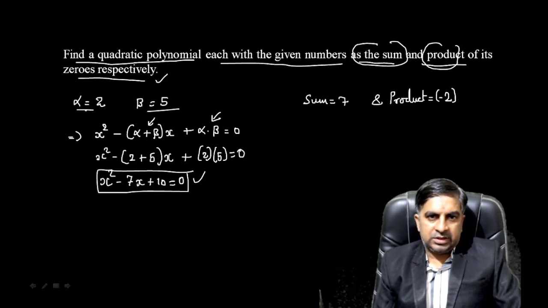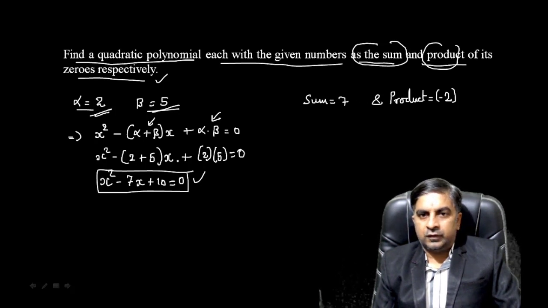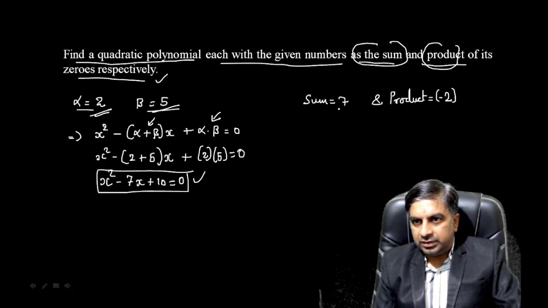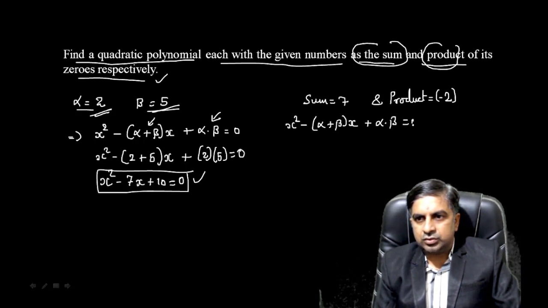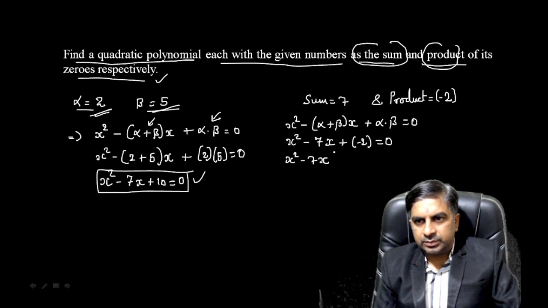Here I had given you zeros, so you kept the zeros and found sum and product. Now they have directly given you sum and product, so in the same formula, x square minus (alpha plus beta) into x plus alpha into beta equals 0, we get x square minus 7x minus 2 equals 0. So your answer will be x square minus 7x plus minus 2 equals 0.